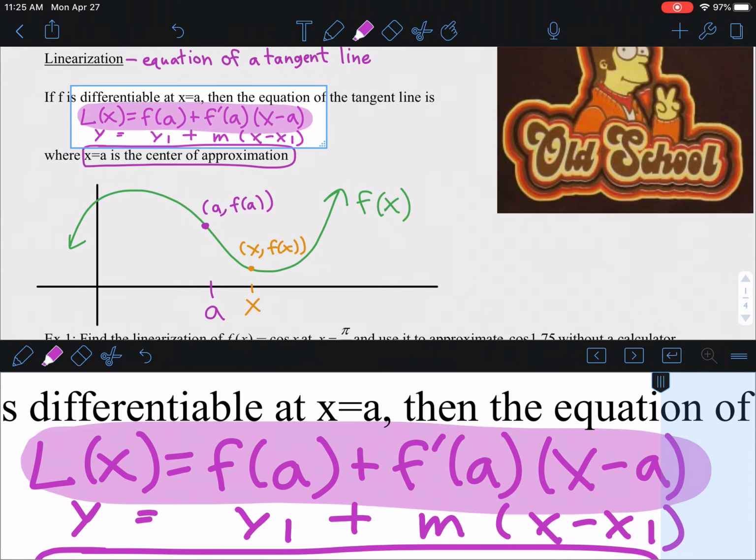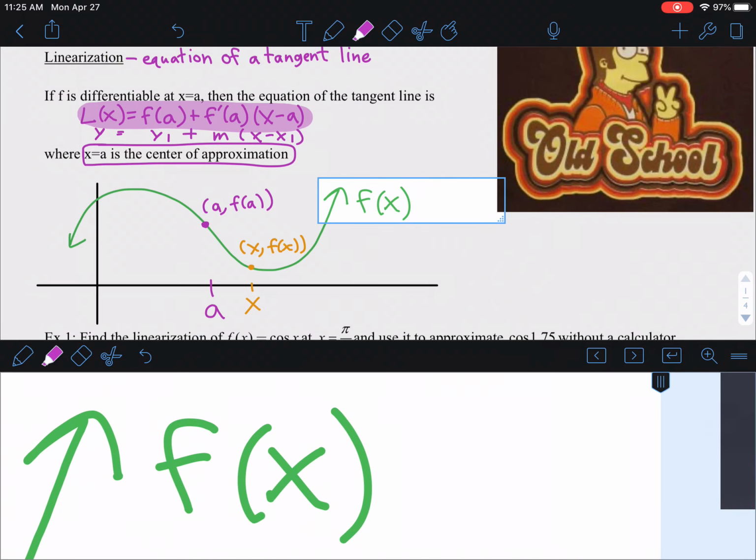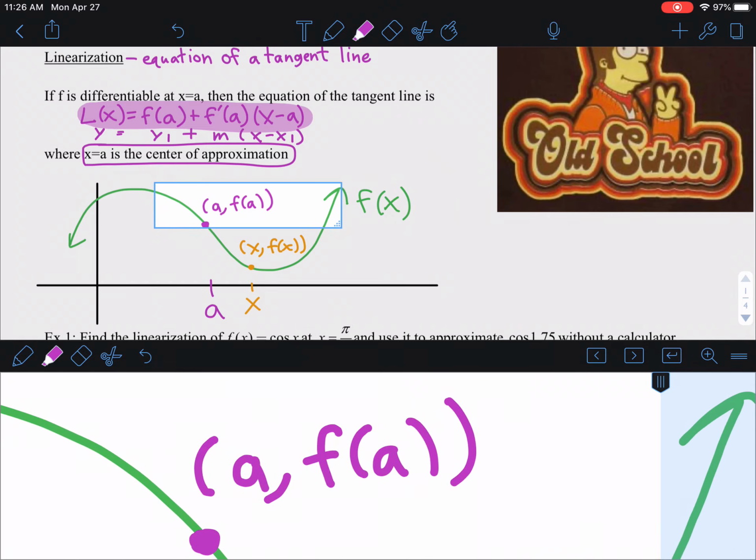Let's take a look at an example, because what we're going to do with the equation of the tangent line is going to be a little bit different here. We have a function f of x, and we have 2 points on this function. The first point is at x equals a, where we are going to make our tangent line.